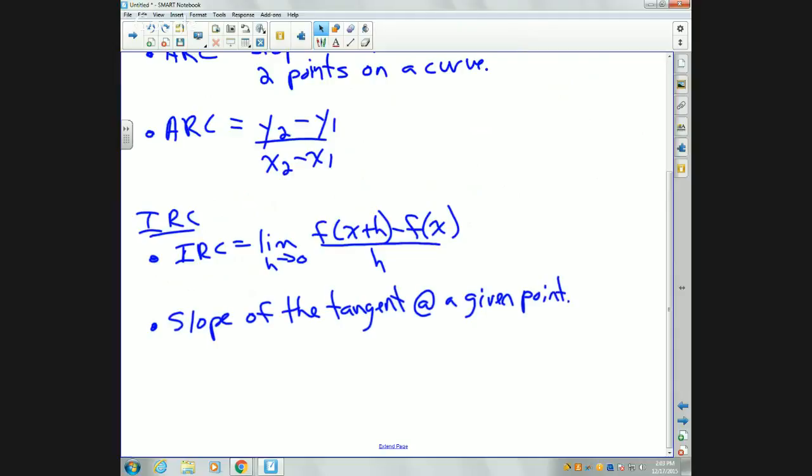And if we look at a graph, if I want to know the IRC right here, we find the tangent, we draw the tangent in. Again, the tangent is a line that just touches the curve. And then we find the slope of that tangent. Looking at this, we can see that the one that I've drawn is positive. Pretty hard to get some values on there since I didn't include any values.